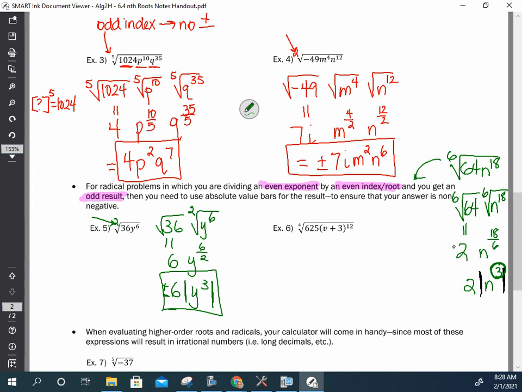Example 6, same type of problem. The fourth root of 625, b plus 3 raised to the 12th power. So again, go ahead and separate everything.